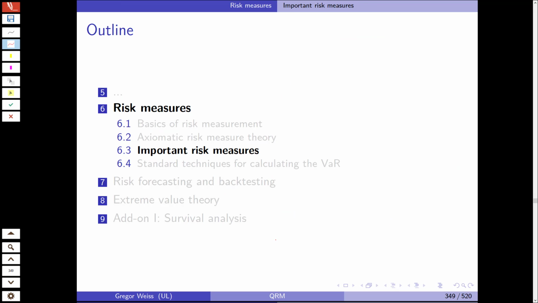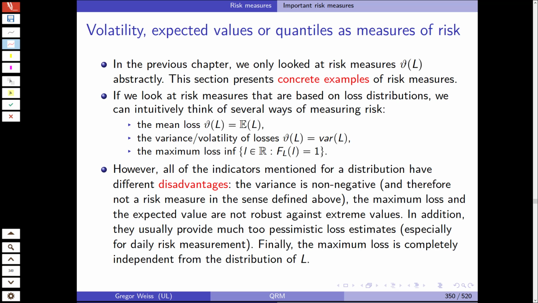So let's look at some important risk measures that we find in practice. Most notably, we start with mean loss, variance, volatility, maximum loss. We can actually shorten this discussion here. The problem is, the mean loss makes sense for some cases.